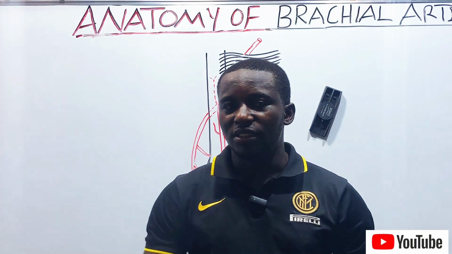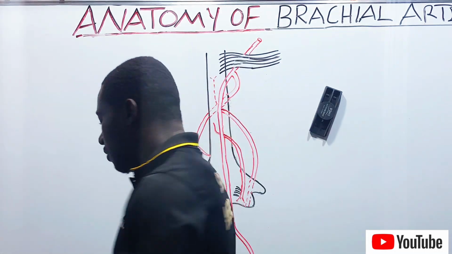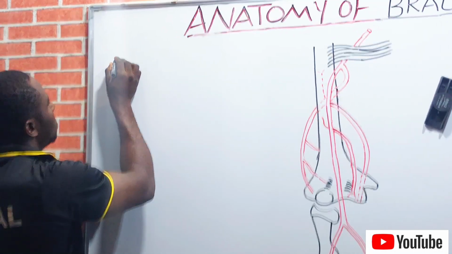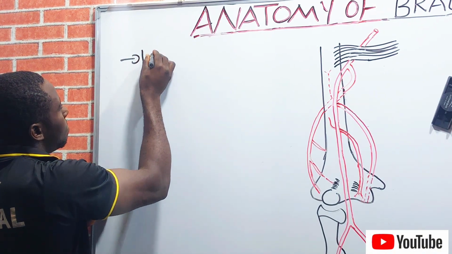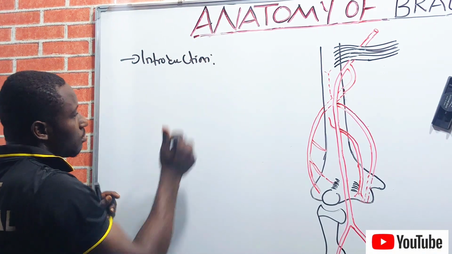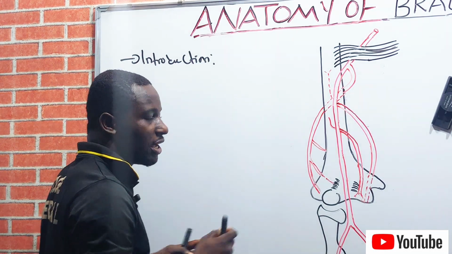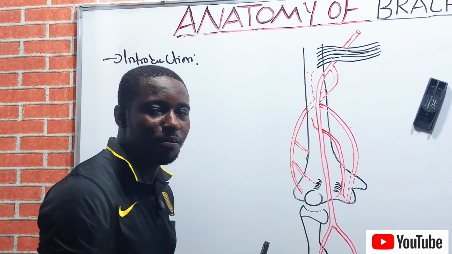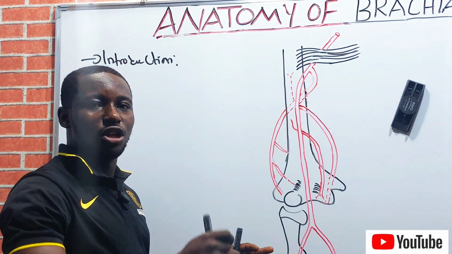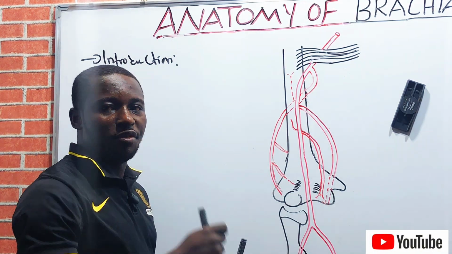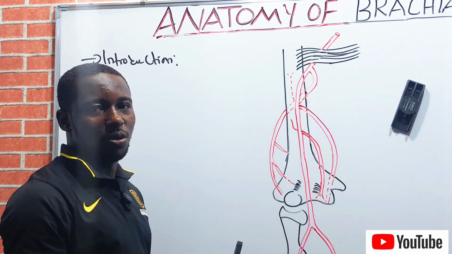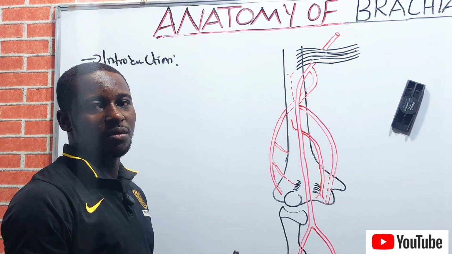The first thing to note is the introduction. What is the brachial artery? The brachial artery is the main artery of the arm, which arises from the lower border, or the inferior border, of the teres major muscle as a downward continuation of the axillary artery.